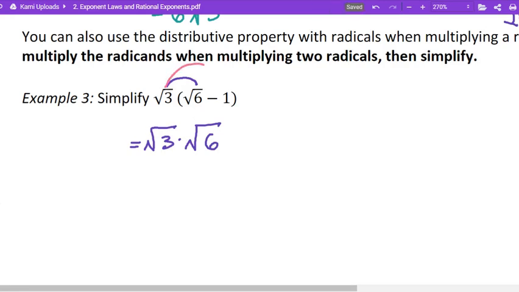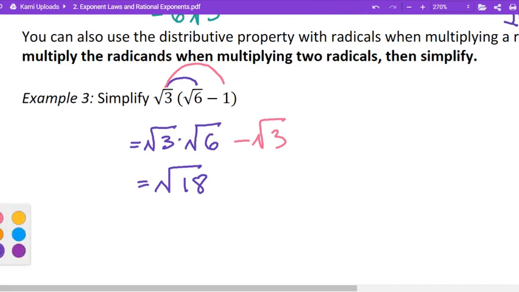Then I multiply root 3 times negative 1. Minus root 3. And so in this case, as long as the index is the same, you can actually multiply the 2 radicands. Okay, so the square root of 3 times the square root of 6 is the square root of 18.